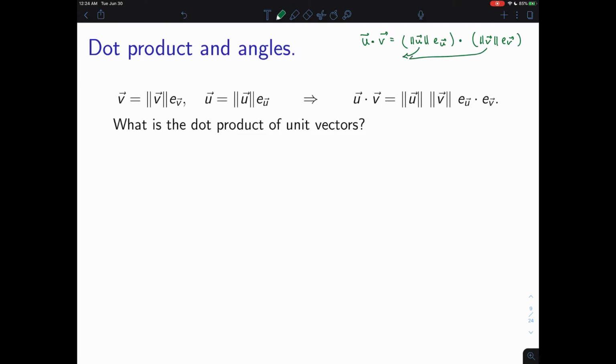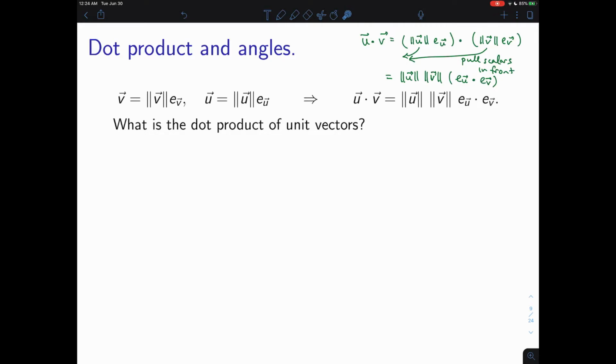And now these scalars, I can pull in front. I would end up with the magnitude of u in front, the magnitude of v in front, and what's left behind is just the unit vectors, EU and EV. And that's what's written in this formula. It just comes from that property where we can pull the scalars in front.